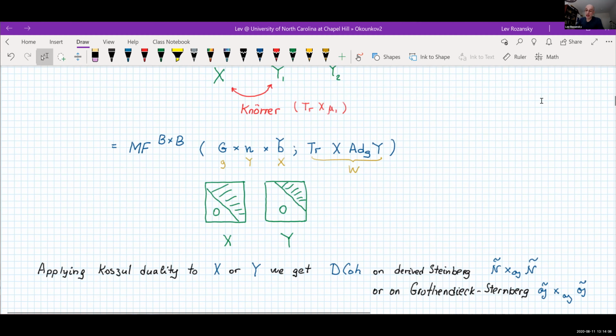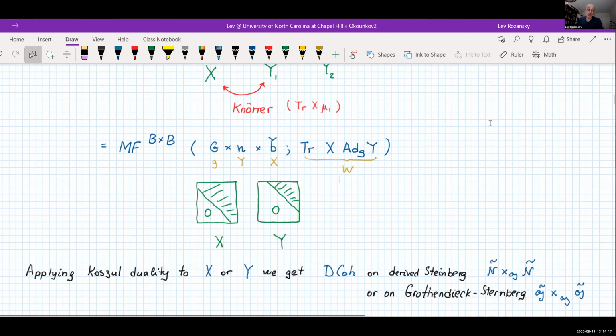Now, you see the superpotential is linear in both X and Y. So you can apply Koszul duality to either X, traded for odd variables, or to Y. If you apply Koszul duality to X, this tells you that conjugated Y has to respect the standard flag, and ultimately you will get coherent sheaves over derived Steinberg variety.